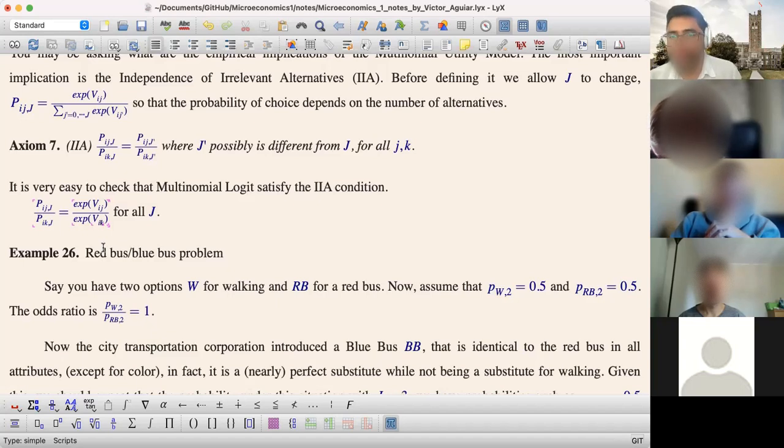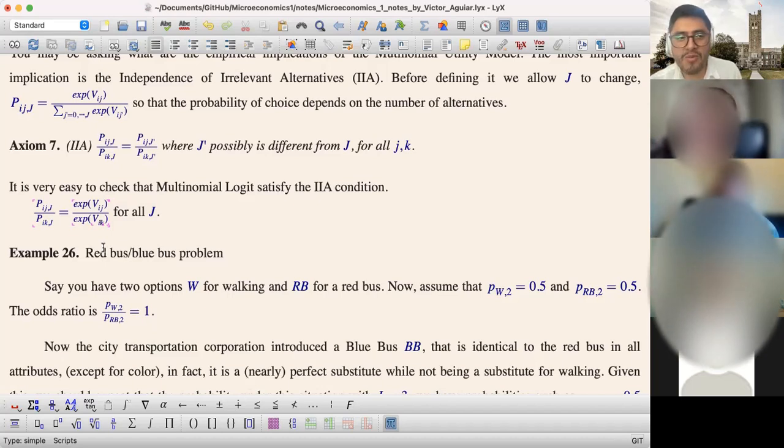Historical note: Debreu was more educated, so he produced the original example using classical composers. But of course, now that this has become more popularized, especially in books like Train's book on discrete choice modeling, they have changed it to the more popular red bus versus blue bus, for us, the common people.